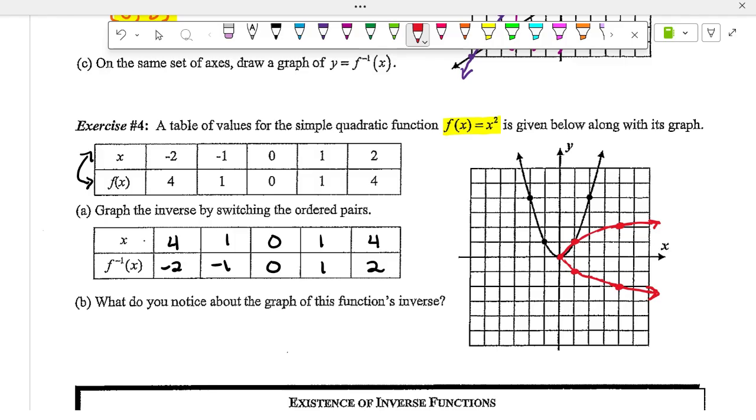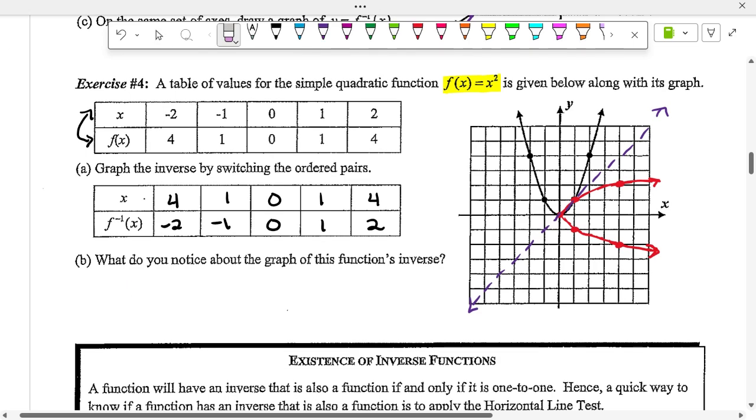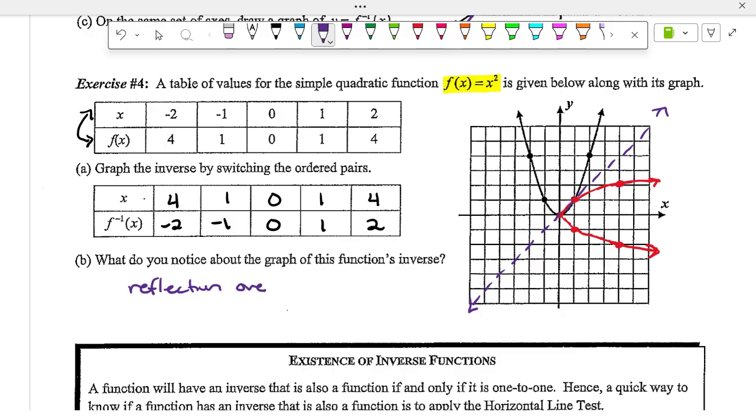So this is review from math 2. But if you reflect the original over the line y equals x, I get the inverse. So it's a reflection over y equals x.